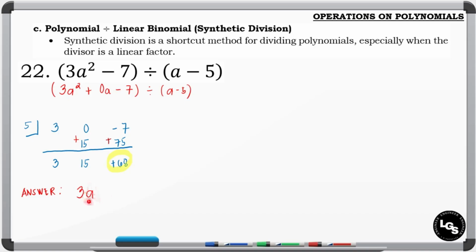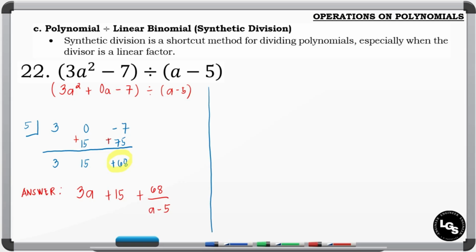Next, if the first term in our quotient is 3a, the second will be a constant only. So that is positive 15. For the remainder, we have here positive 68. So we'll write here plus 68 divided by the divisor, which is a minus 5. So that is how we perform synthetic division.